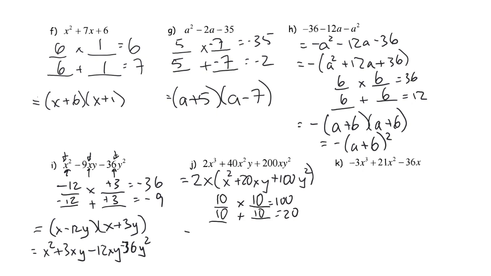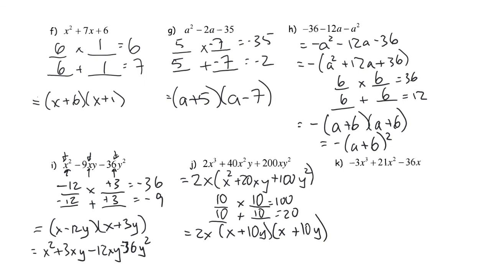So it turns out this is going to be 2x multiplied by x plus 10y. And you could write that as 2x times x plus 10y squared if you wanted.